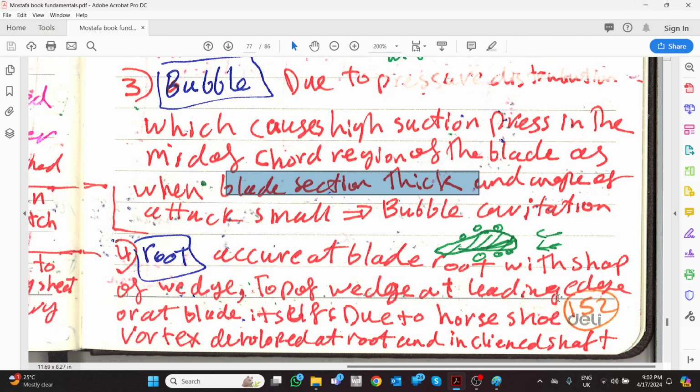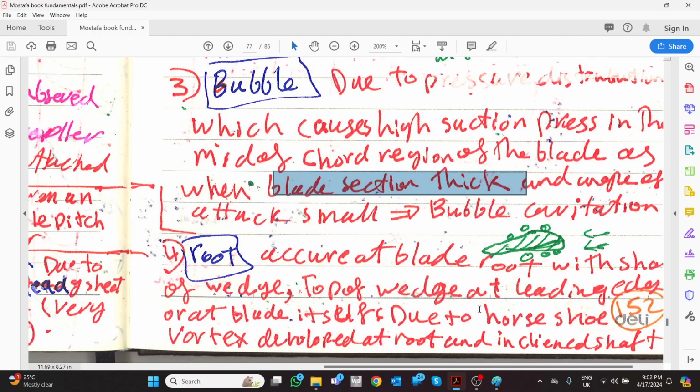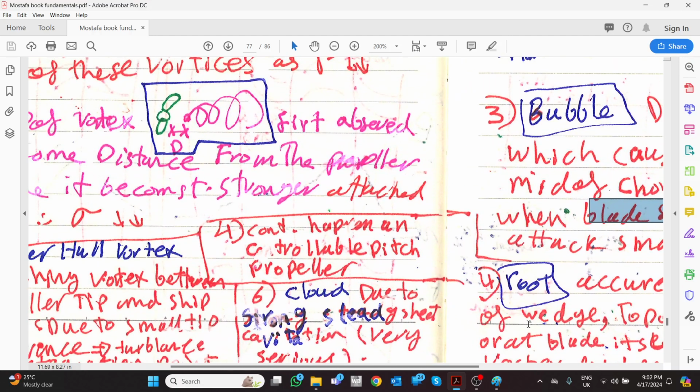That shape of the blade will create a horseshoe vortex at the root for the inclined shaft. So it is related to the shape of the blade itself.